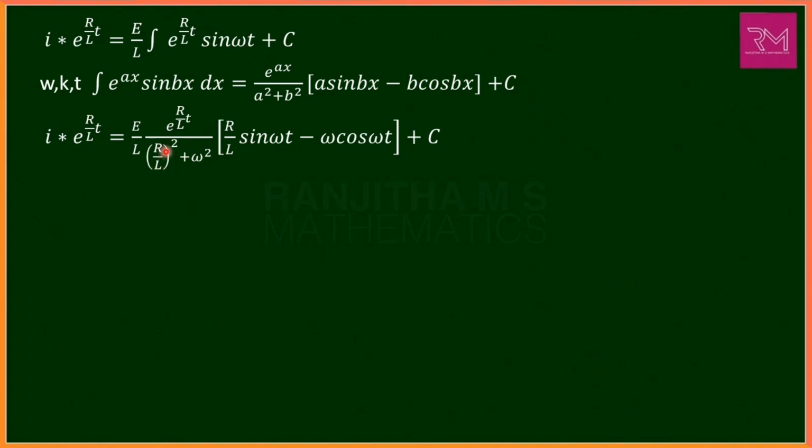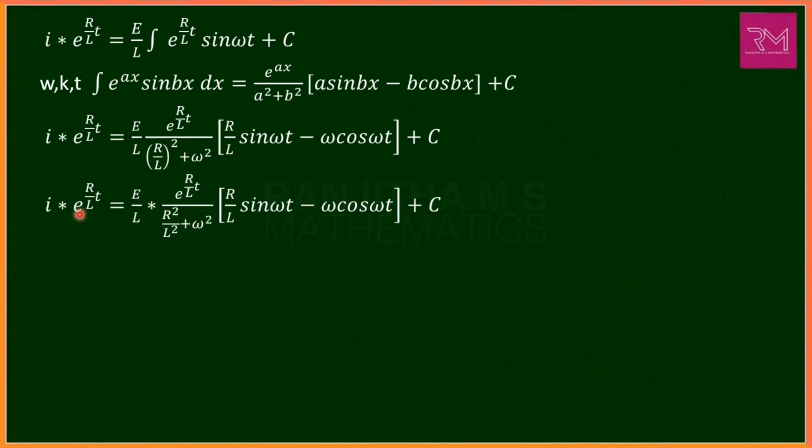So substituting a and b values, that is R by L whole square plus b square, omega square, into a, which is R by L, into sin omega t minus b, which is omega, into cos omega t plus C. Substituting the values carefully, next step, R by L whole square we can split as R square by L square. That is I into exponential power R by L into t equals E by L into exponential power of R by L into t divided by R square by L square plus omega square into R by L sin omega t minus omega cos omega t plus C.